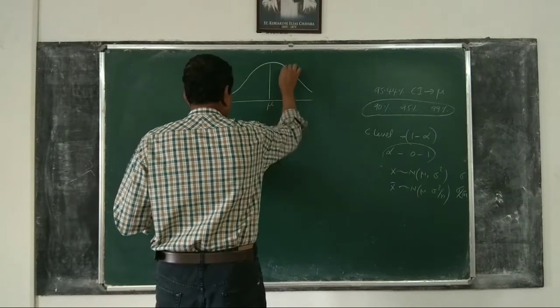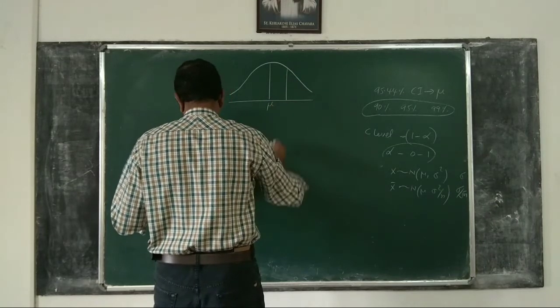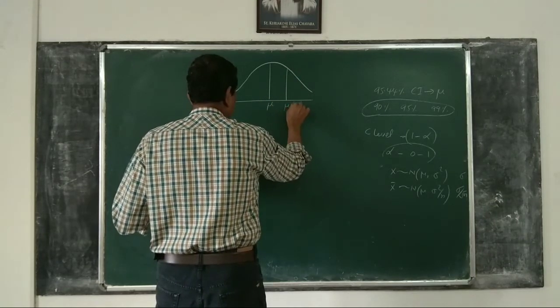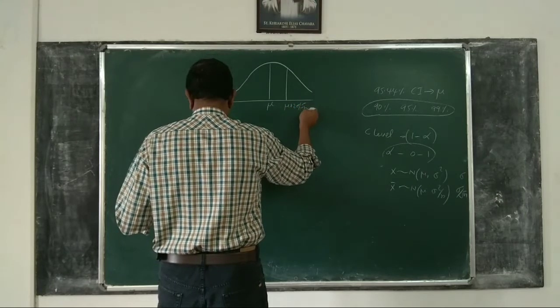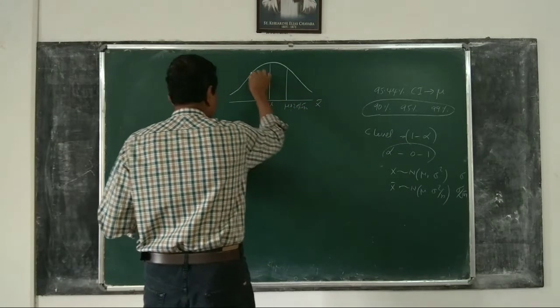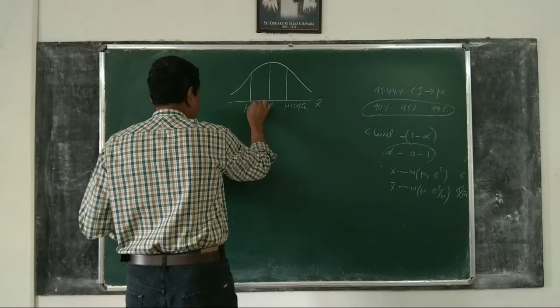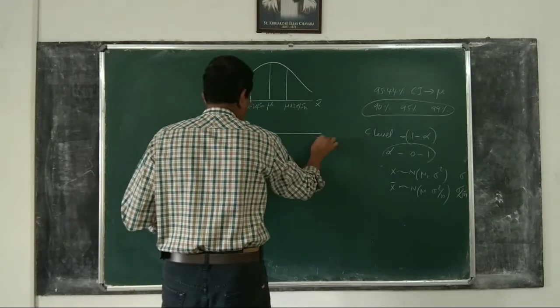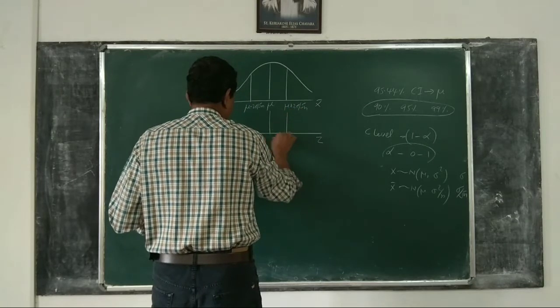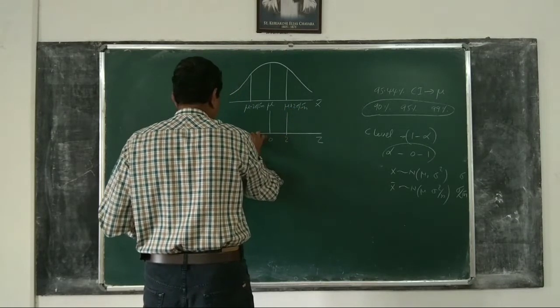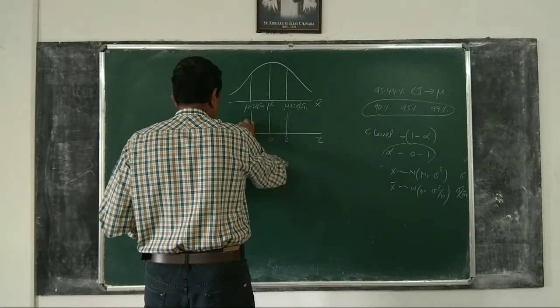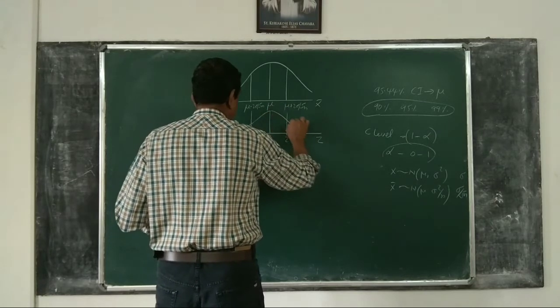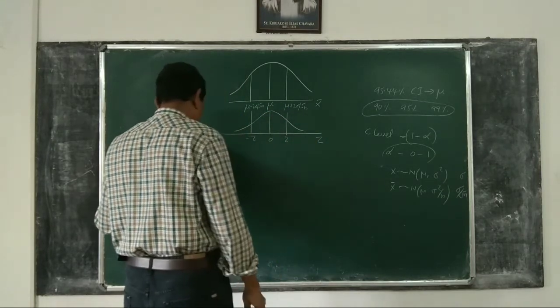Mu plus 2 sigma by root n, mu minus 2 sigma by root n. In terms of Z, this is 2, this is 0, this is minus 2. In terms of Z, the distribution of Z.